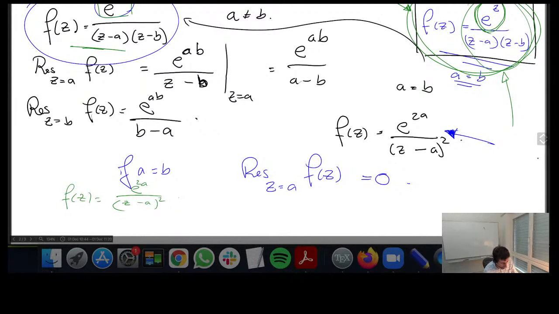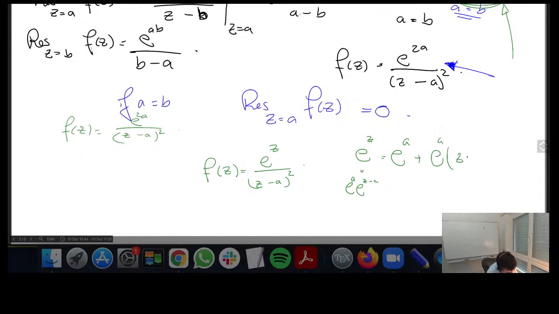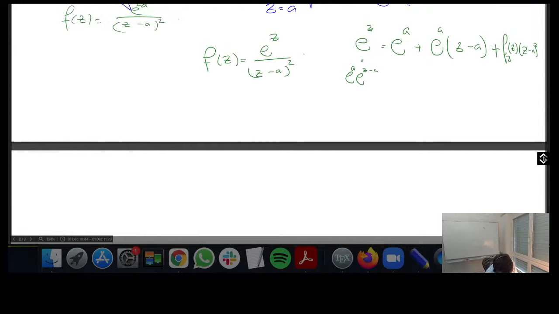I don't know if it's worth doing the calculation, but maybe. So if I have f of z equals, say, e of z over z minus a squared, you just take the Taylor expansion of e of z around a. So this should be e of a plus e of a times z minus a plus, the square terms then stop mattering, so you just have some function, the truncated expansion.